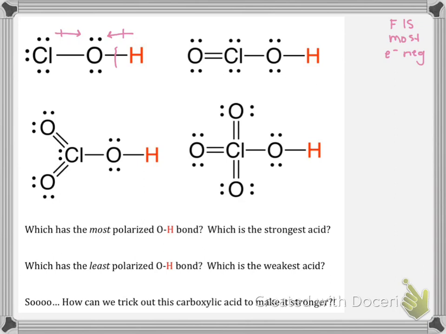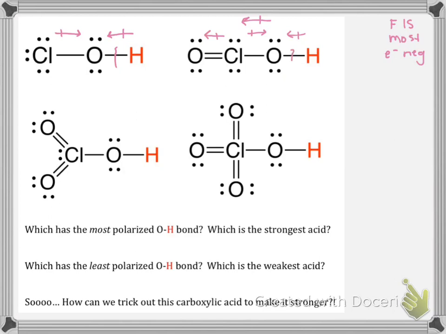If we look at this next case, now we have this extra oxygen, which is pulling electron density away from the chlorine. We have the same bond dipoles that we did in the last case. And so now we have an even greater overall dipole moment moving away from the hydrogen, which is now making this bond more polarized.